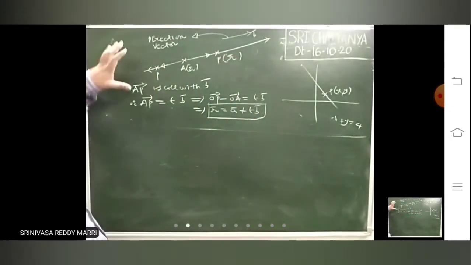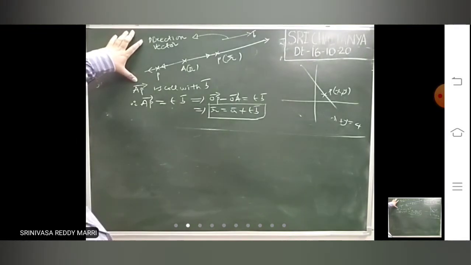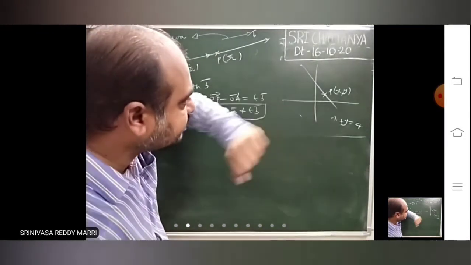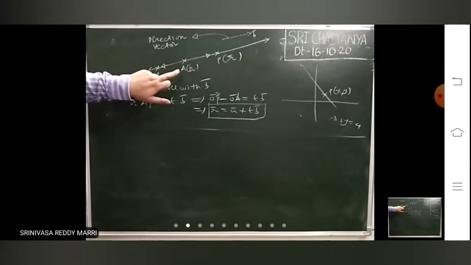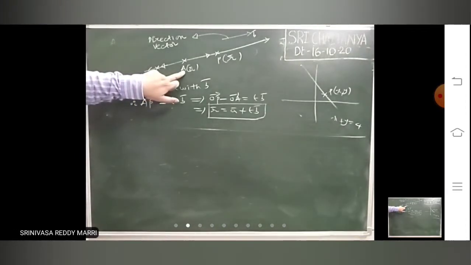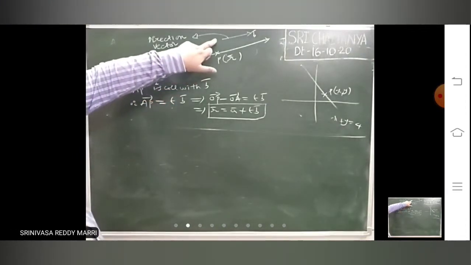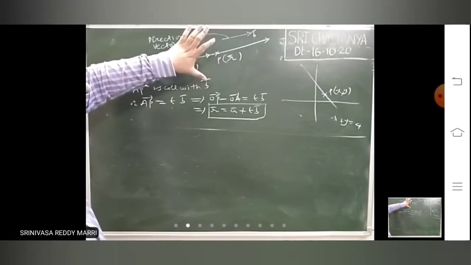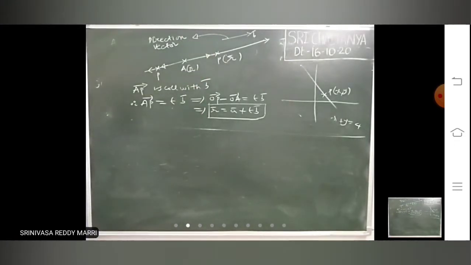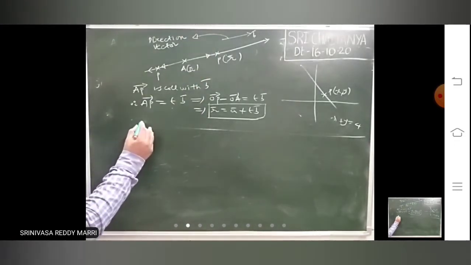That means this is nothing but the point form, a single point and slope. If you know these, you can write the line in 2D form. Here, one point's position vector must be known and one vector parallel to the line must be known. This is called the one point form in vectors.